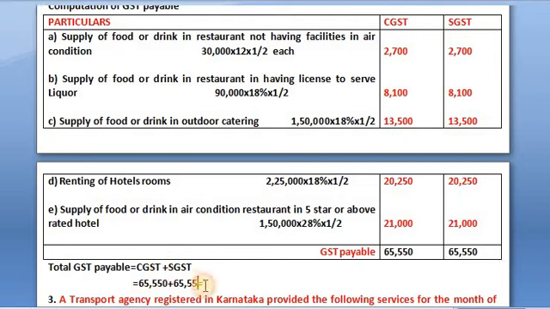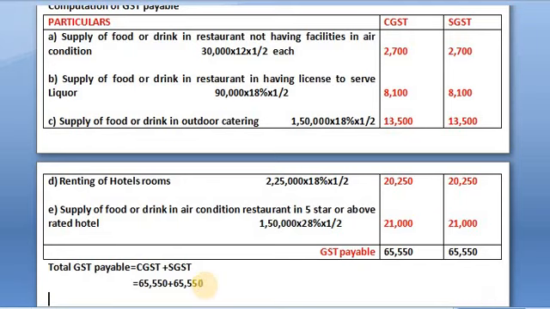Okay, so when it comes to that, the total GST payable, you can write like this, total GST payable is equal to 1,31,100.